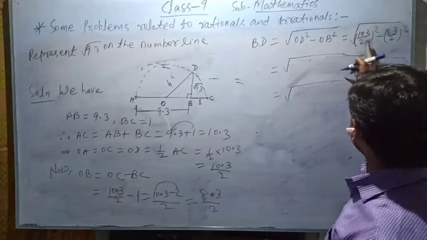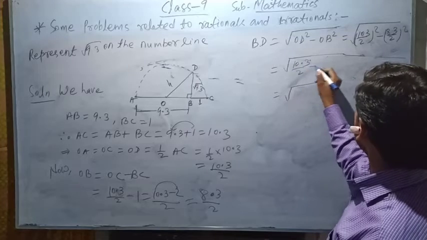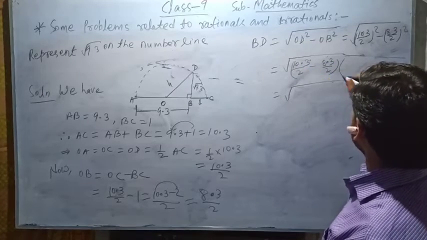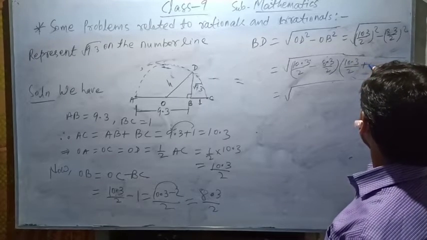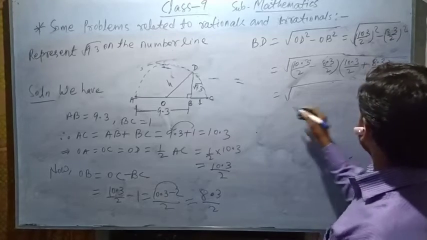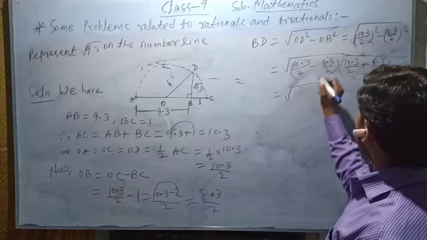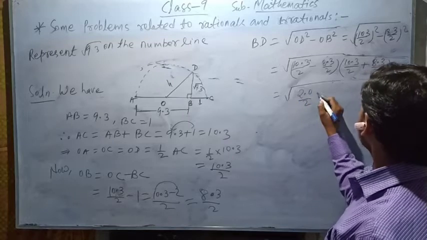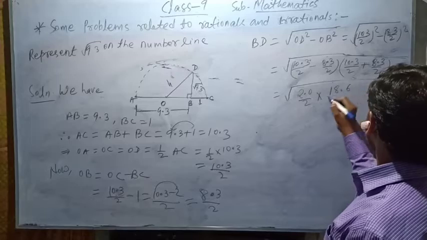A square minus B square, A minus B into A plus B. 10.3 upon 2 minus 8.3 upon 2 is 2.0 upon 2, into 10.3 upon 2 plus 8.3 upon 2, which is 18.6 upon 2.